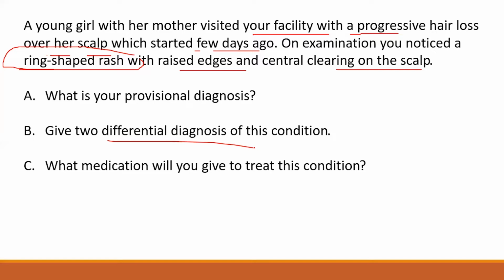Then you can also give a ketoconazole shampoo. Then sometimes you can give prednisolone. This is an immune suppressant, isn't it? So you can give that one as well. So basically, oral antifungals, ketoconazole, then prednisolone. These will be your medications. All right.